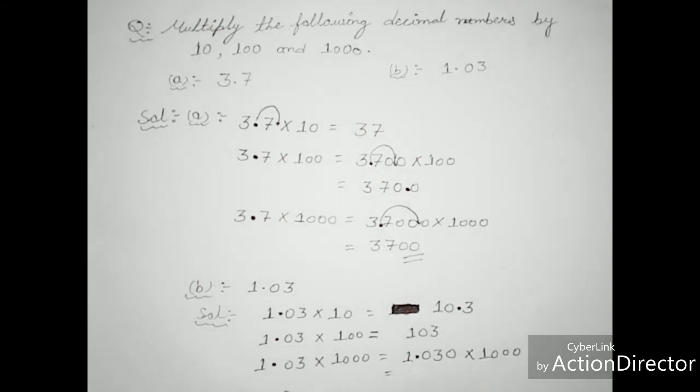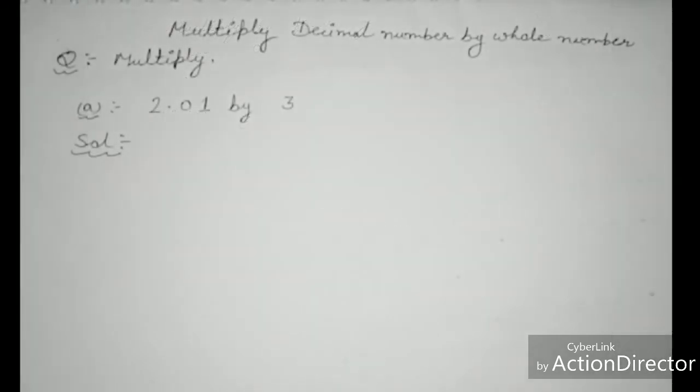When you multiply any decimal number by 1000, the decimal shifts to the right-hand side by three places. So here this decimal shifts 3 digits from here to here, 1 2 3, so we get 1030. Example number 2. Now here we multiply a decimal number by a whole number.